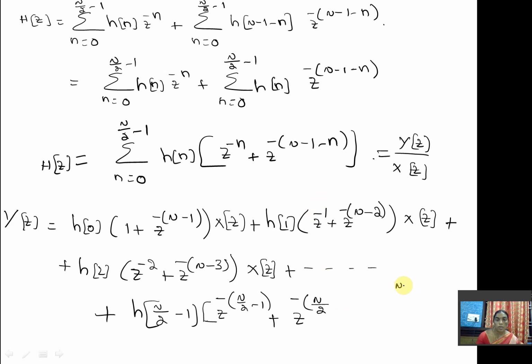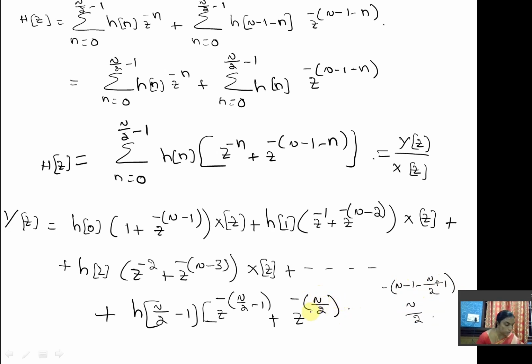So see here, n minus 1 minus n by 2, here is a minus again, n minus 1 minus n by 2 minus 1 means here plus 1. What is this here? n by 2. Okay, right.